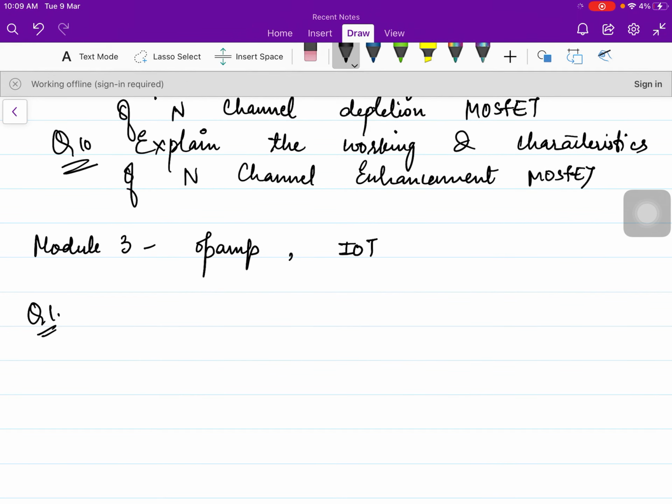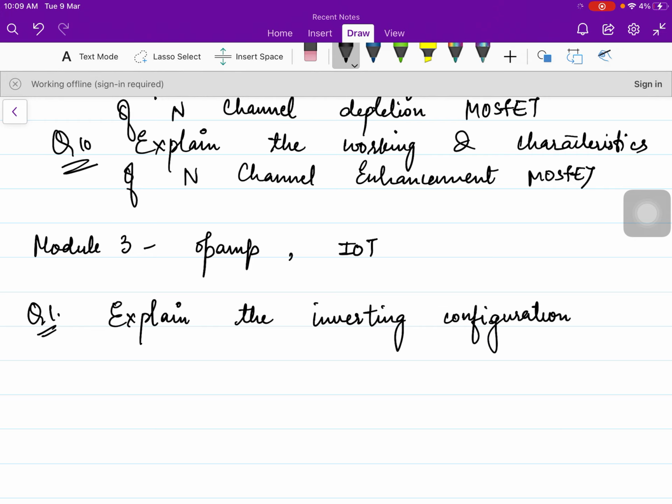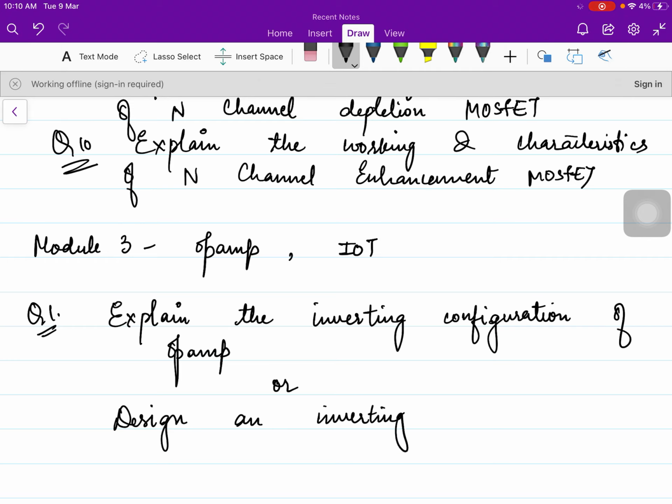So the first question that is very important related to the op-amp topic is that first of all, you might be asked to explain the inverting configuration of op-amp or inverting amplifier, or you might be asked to design an inverting amplifier, and some values might be given to you with some input impedance.